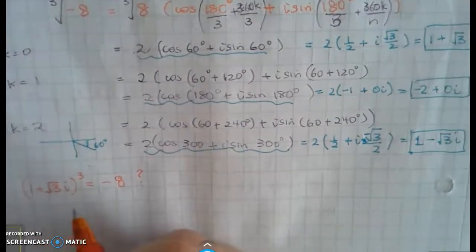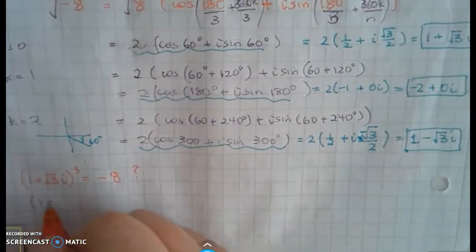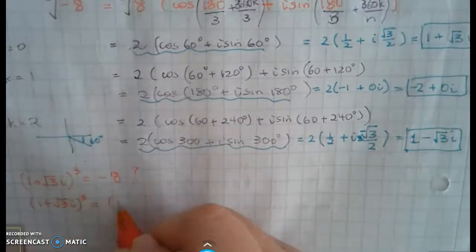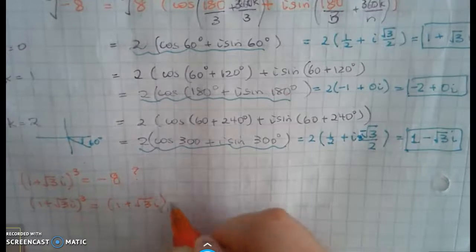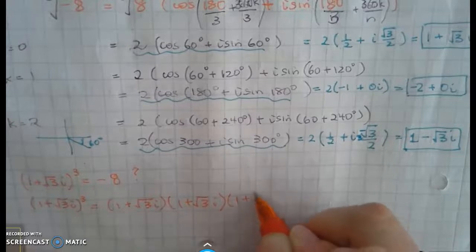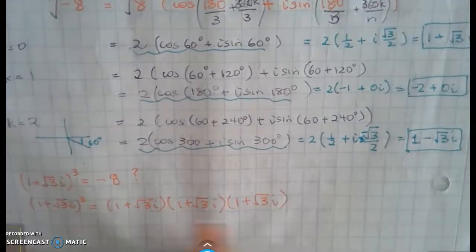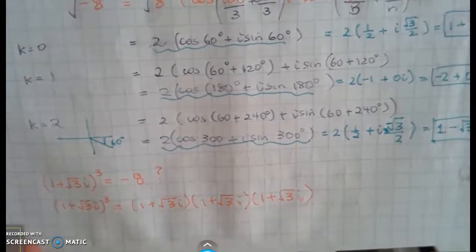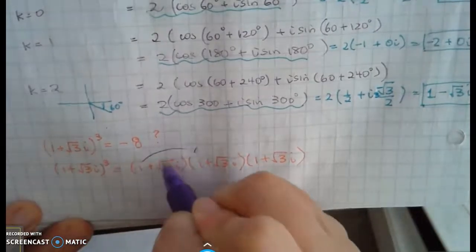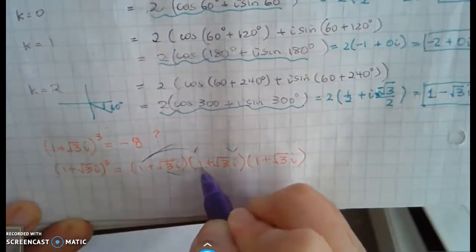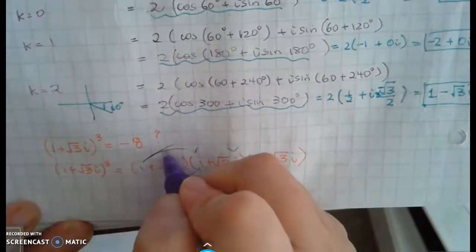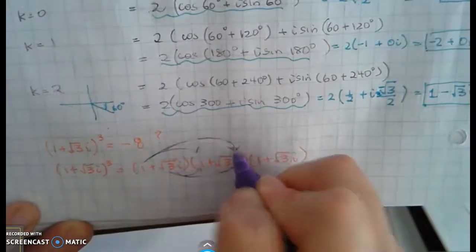Okay? So let's just tackle the left-hand side. 1 plus root 3i all to the power of 3 is really the same as 1 plus root 3i times 1 plus root 3i times 1 plus root 3i, right? And then from here, I can use the distributive property and multiply out each of the terms, using FOIL or distributive property, whichever you want to call it, okay?